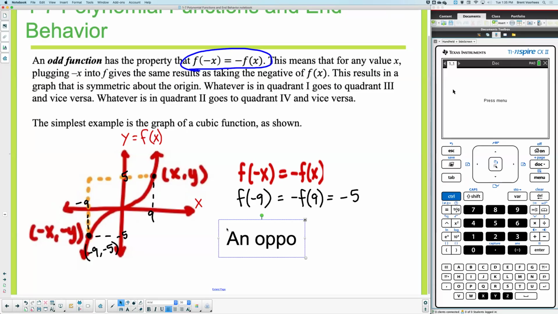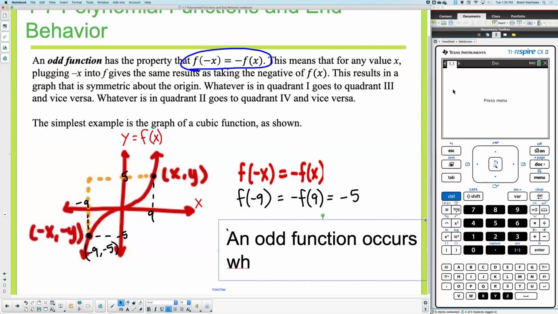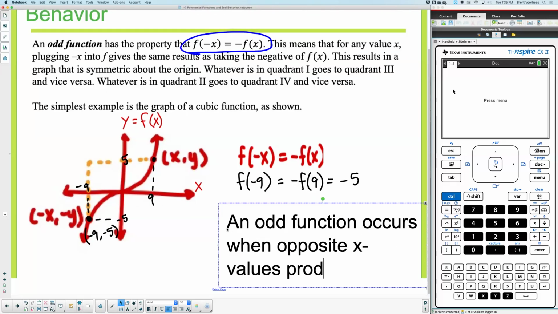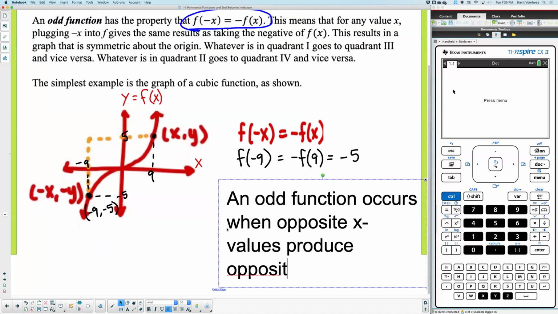So in English words, an odd function occurs when opposite x values produce opposite y values.